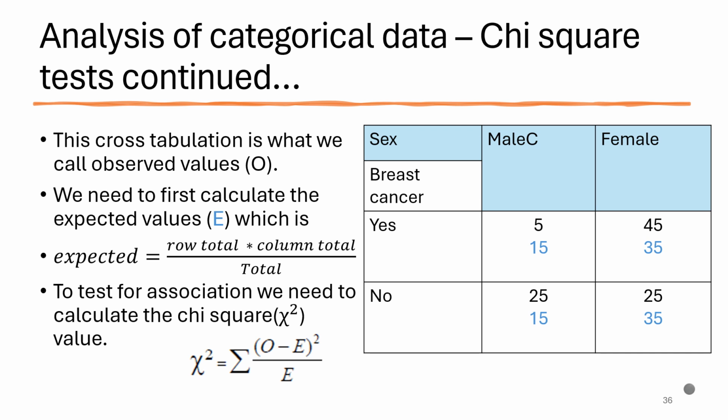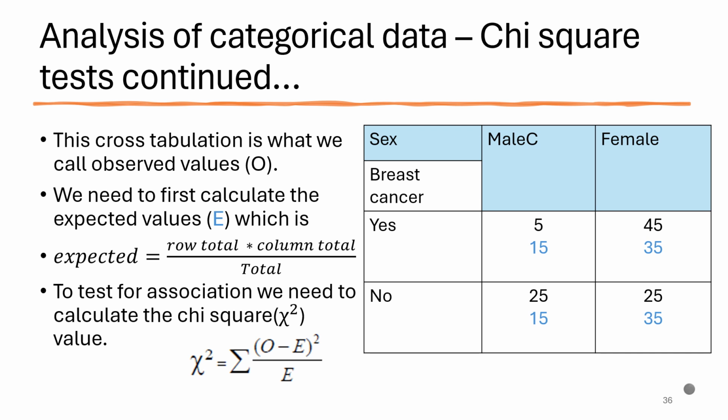That's 15, right? That's how we got that 15 value, the blue in the cell. So all the other cells are the same way. So for females that are positive for breast cancer, it is 5 plus 45, which is 50, times 45 plus 25, which is 70, divided by 100, which is 35, right?